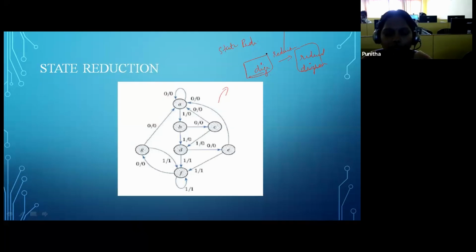But the reduction technique is not applicable directly to the diagram. For that, you have to convert the given diagram into table format. Only in this table format can you apply the reduction technique, and then you will get the reduced table. From the reduced table you should draw the reduced diagram.